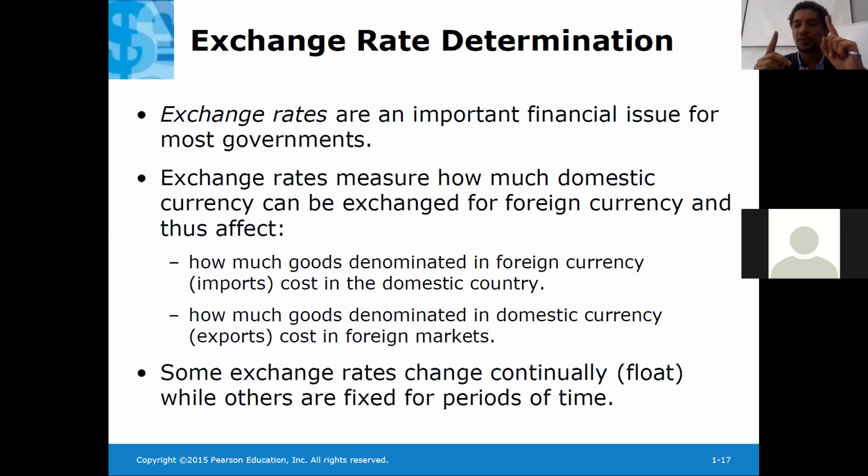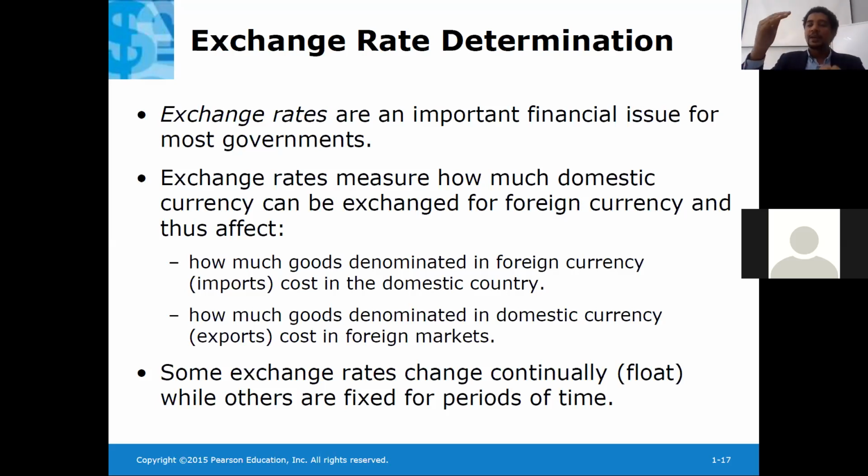But if $1 is equal to 900 Korean won, this means Korean won is now very strong, right? And the dollar is getting weaker. So this will increase imports to Korea, because Korean won can buy products from the US or other countries, because the value of Korean won is higher as compared to other currencies, right?